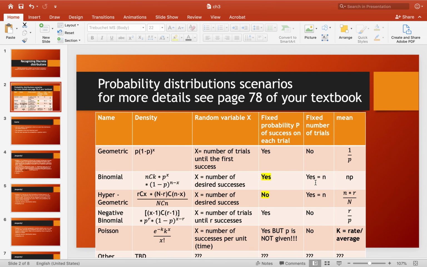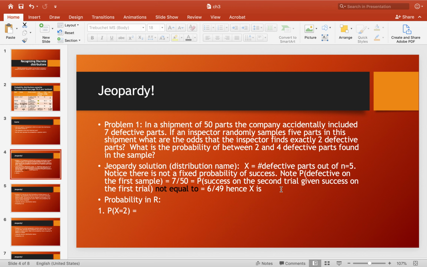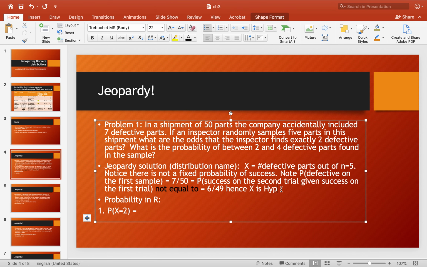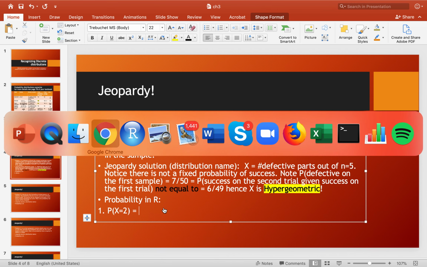It's binomial or hypergeometric, but we said there's not a fixed probability of success, so it's hypergeometric. That's our choice. X is hypergeometric. Probability x equals 2. Well, I want to compute this in R, so let's go to R.